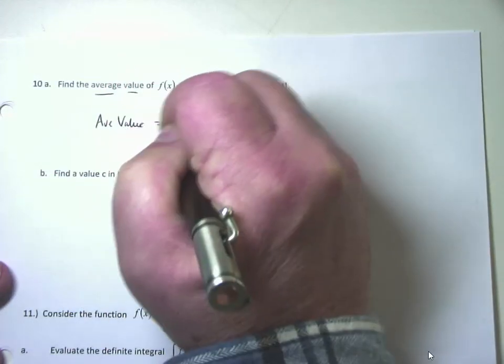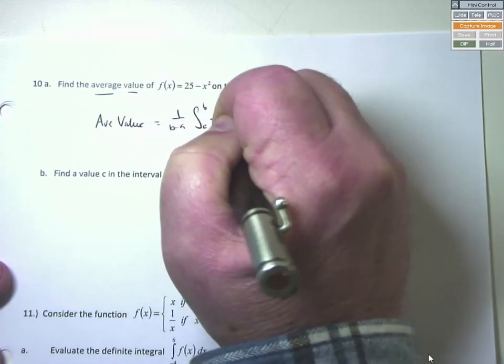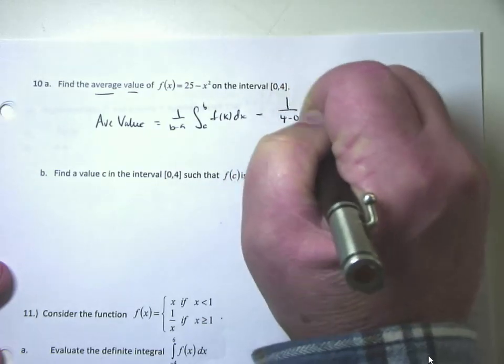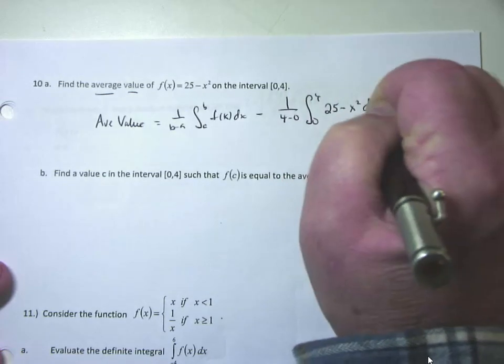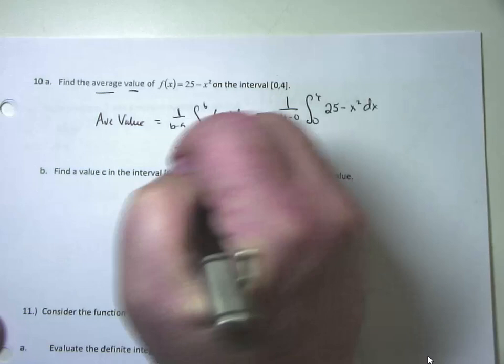It's equal to 1 over b minus a times the integral from a to b of f of x dx. This would be 1 over 4 minus 0 times the integral from 0 to 4 of the function 25 minus x squared dx. So this is 1/4.